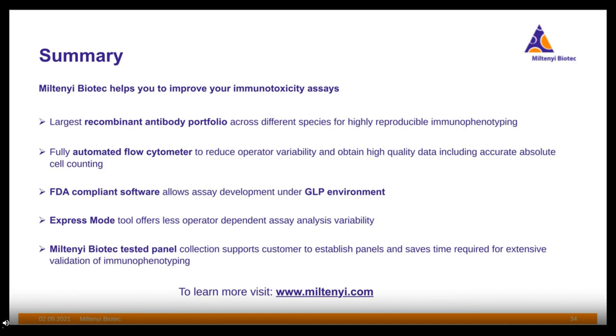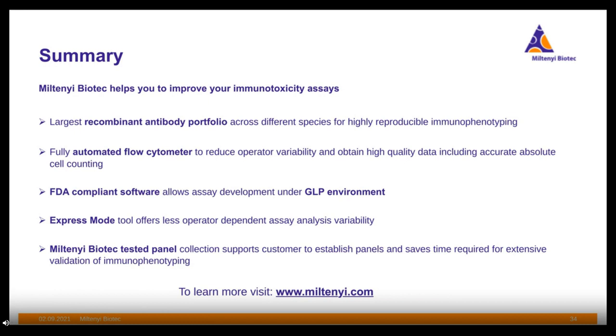At Miltenyi Biotec, we help you to improve these assays and enhance standardization by offering our recombinant antibody portfolio that is across different species and also highly reproducible in terms of giving you immunophenotyping data. We also showed you how you could use our automated flow cytometer tool to reduce operator-dependent variability and also obtain high-quality data, including accurate absolute cell counting.